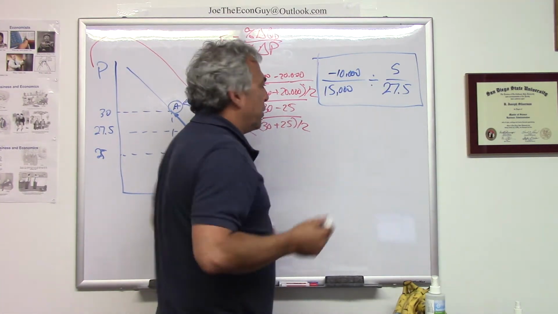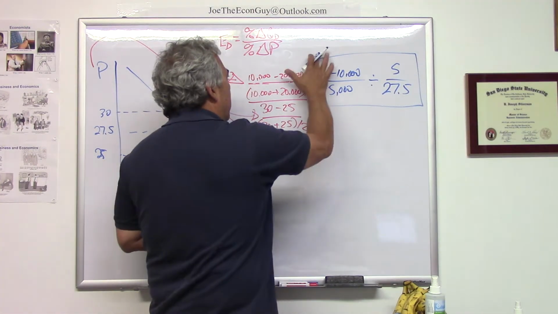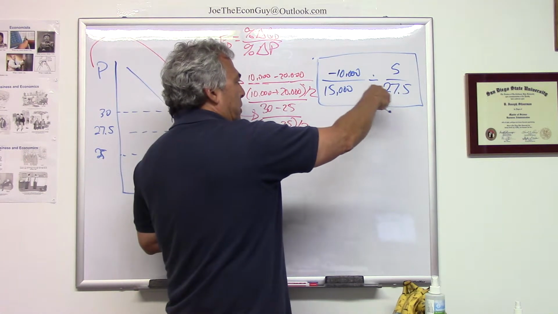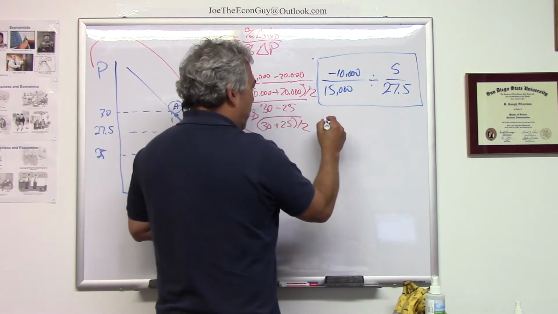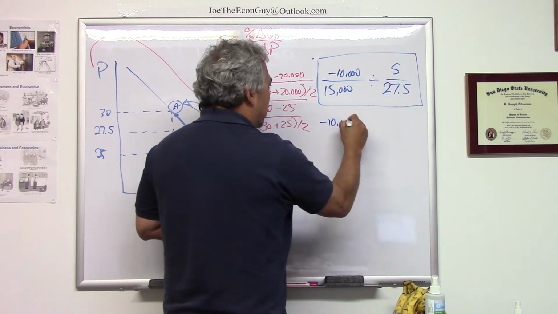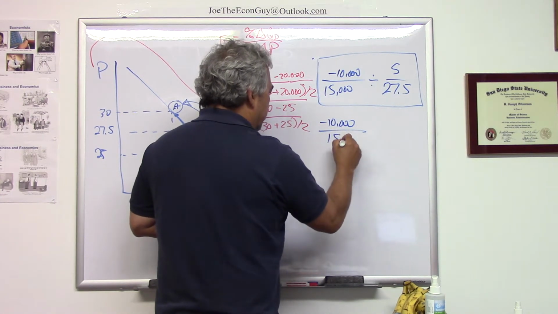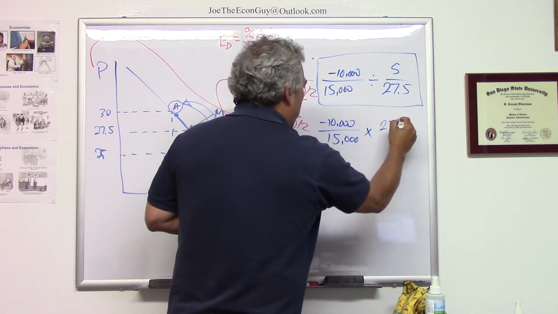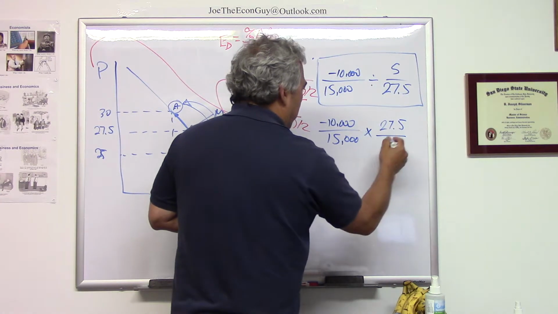Again, you could put this all in your calculator, but I don't think that's a good idea. The next step to solving a complex fraction is to multiply by the reciprocal. So what I'm going to do over here is rewrite this as 10,000 over 15,000, and we're going to multiply this by 27.5 over 5.